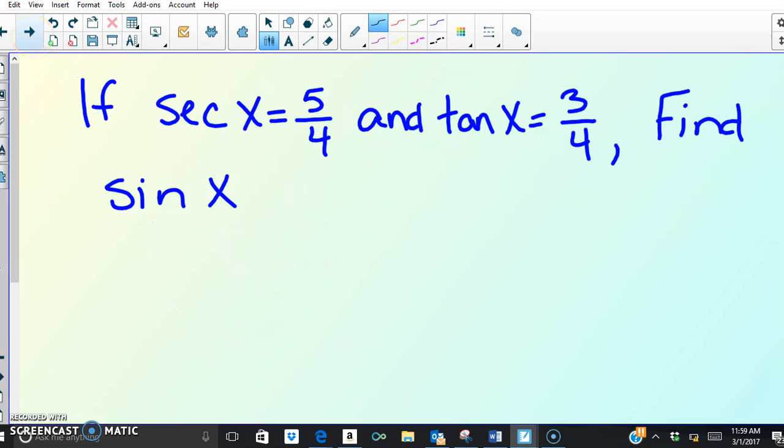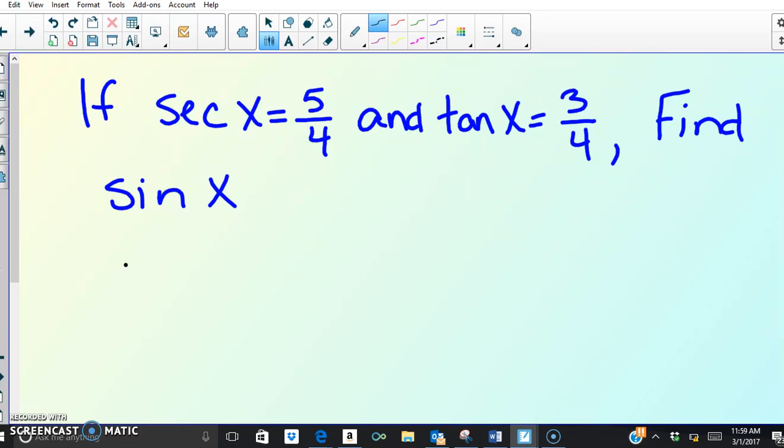If secant x equals 5/4 and tangent x equals 3/4, find sine x. So here, we're going to have to look at our identity sheet, and remember, we're going to have to change a couple things.